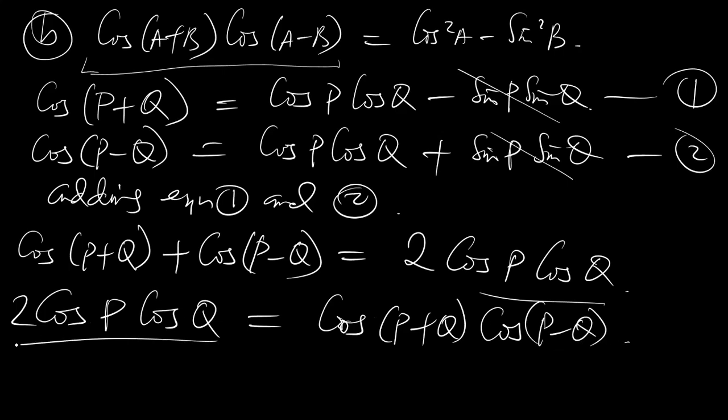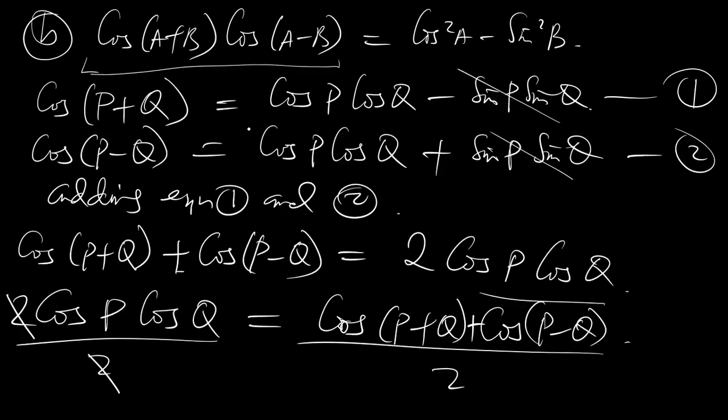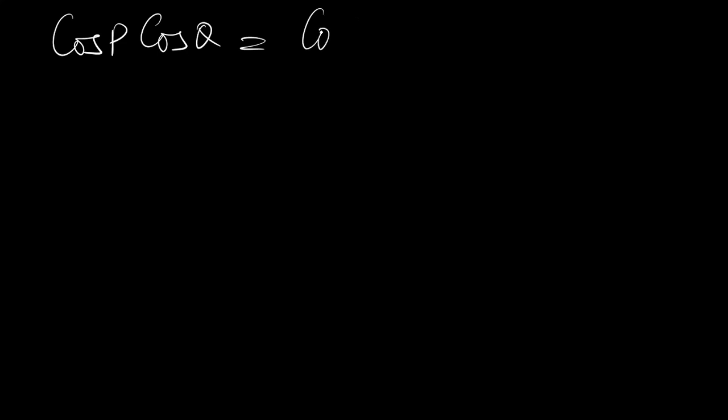Now dividing both sides by 2, you now have cos p cos q equal to cos(p + q) plus cos(p - q), all over 2.